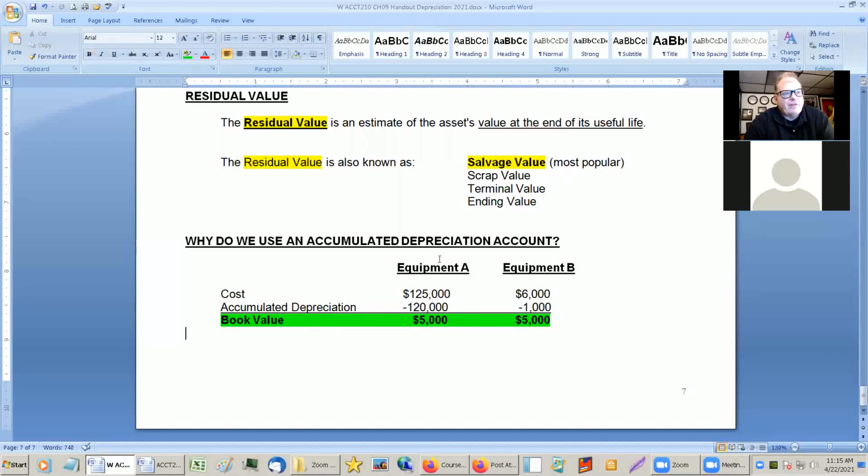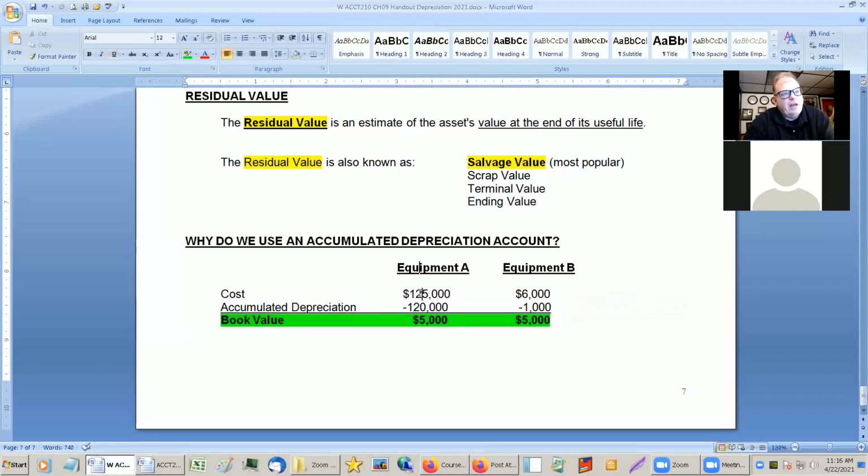For instance, if we have two pieces of equipment that have exactly the same book value, they're both worth $5,000. This would be on the balance sheet. Equipment A, 5,000, equipment B, 5,000. But giving the reader the accumulated depreciation tells a different story. If you just look at the book value, you say, oh, these are probably pretty similar pieces of equipment, right? There's $5,000.